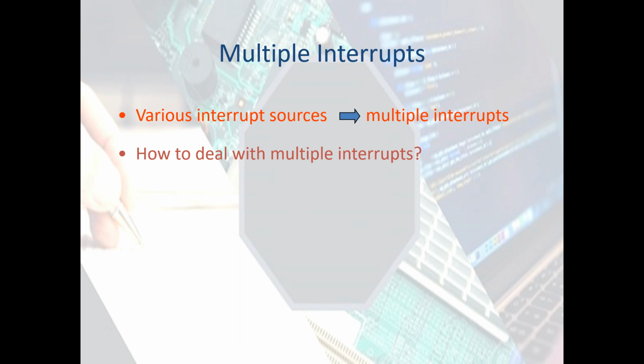Each interrupt may have its own interrupt service routine, or the ISR, and the system decides which ISR to execute based on factors such as priority levels or the type of event. The ability to handle multiple interrupts allows a computer to efficiently respond to various external events and maintain responsiveness in a multitasking or multi-input environment.